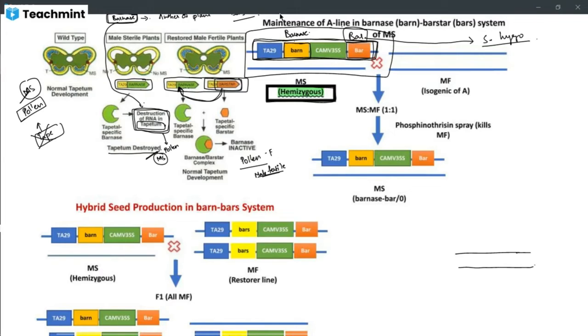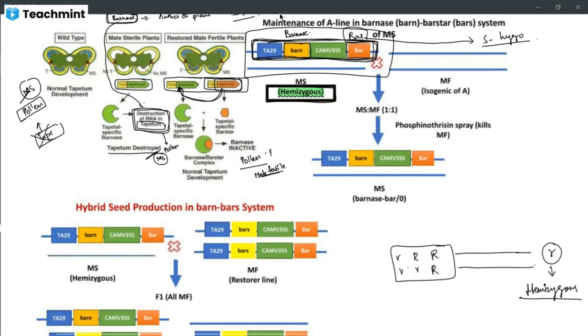Normally you need to have two alleles, one capital R and another capital R, or small r, small r. If you have only a single allele, then this condition is known as the hemizygous condition. So this construct is incorporated in the hemizygous condition.